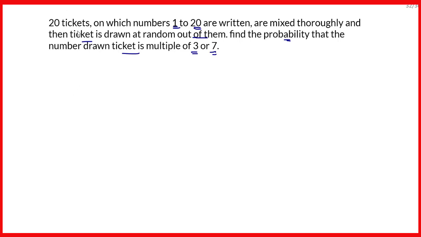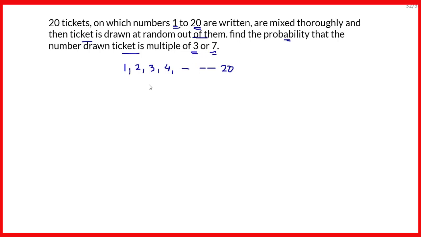Now friends, there are 20 tickets with the numbers 1, 2, 3, 4 up to 20 written on them. All the tickets are mixed thoroughly, and one ticket is taken out at random, and we have to find the probability that the number on the ticket is a multiple of 3 or a multiple of 7.